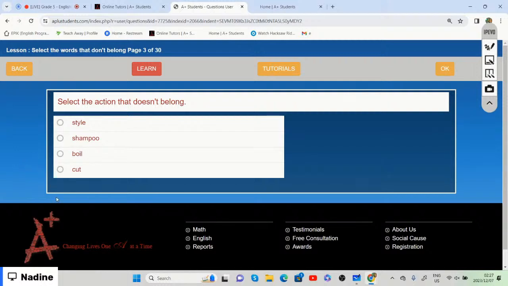We have style, we have shampoo, we have boil, and we have cut. What is the word that doesn't belong there?